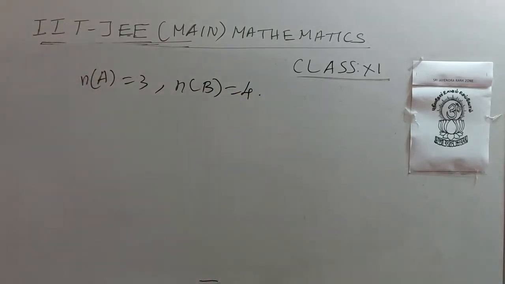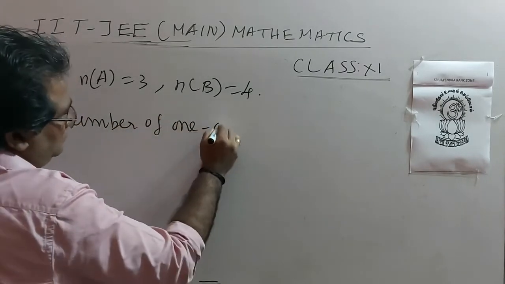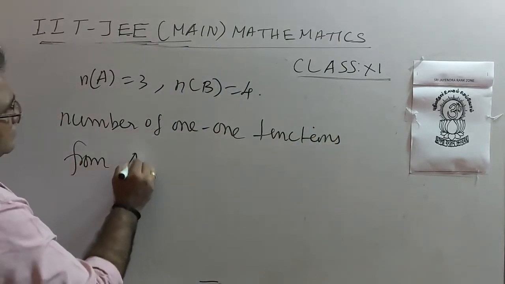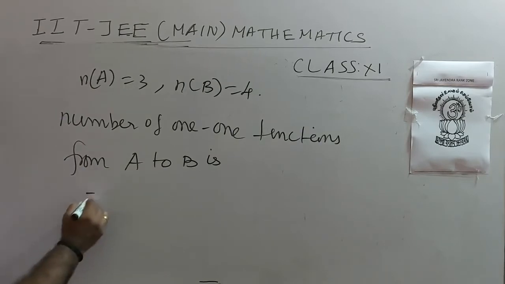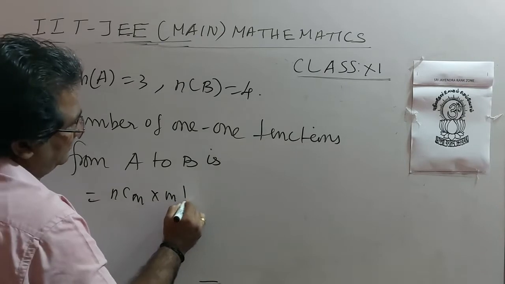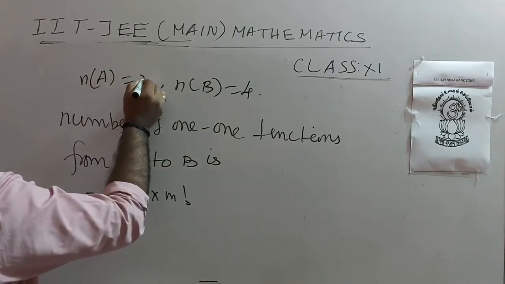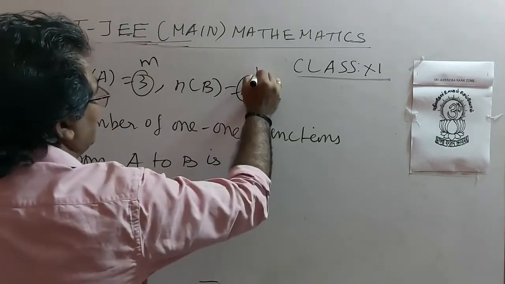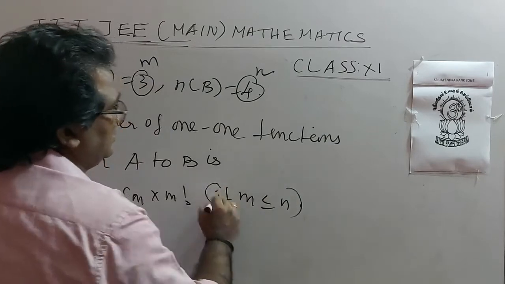n(A) = 3, n(B) = 4. The number of injective functions from A to B is nPm, that is nCm into m factorial, where m is less than or equal to n.